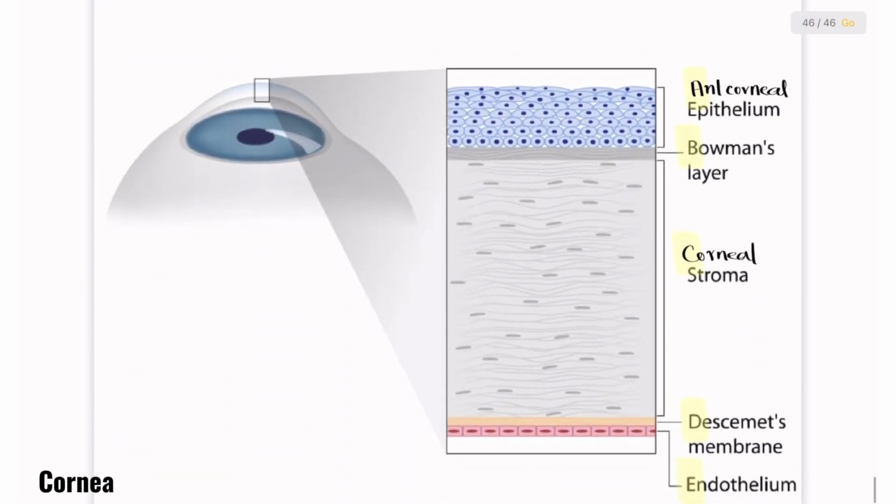There's your anterior corneal epithelium made up of non-keratinized stratified squamous epithelium. There's your Bowman's layer. There's a thick corneal stroma made up of type 1 collagen. There's your Descemet's membrane, which is the true basement membrane. And then there's your endothelium or the posterior endothelial lining.